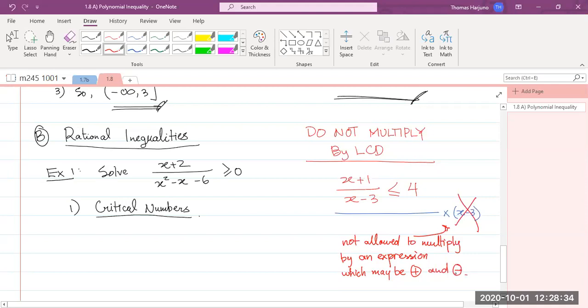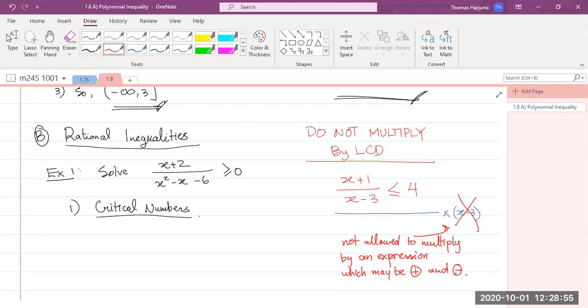Remember, for inequality, when you multiply by a negative number, you need to reverse the inequality sign. But if you multiply by a positive number, you don't need to reverse the inequality sign. Now, x minus 3 is unknown if it is positive or negative; it depends on the value of your x.